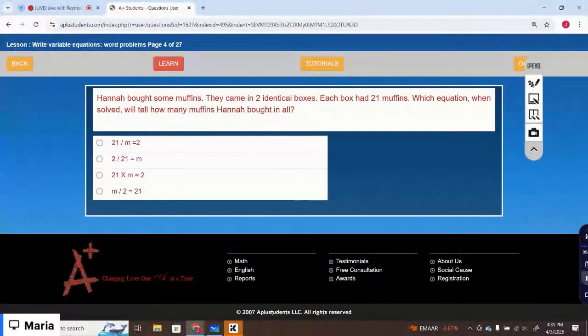Hannah bought some muffins. They came in two identical boxes. Each box had 22 muffins. Which equation you solve will tell how many muffins Hannah bought in all?